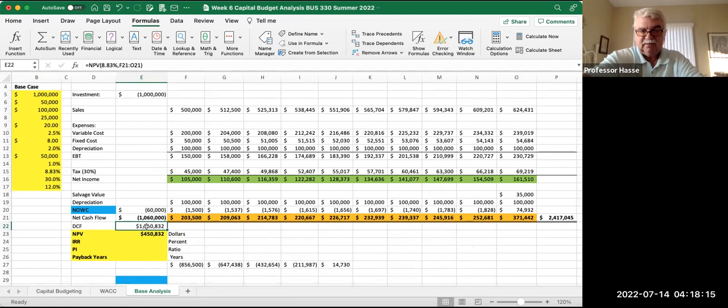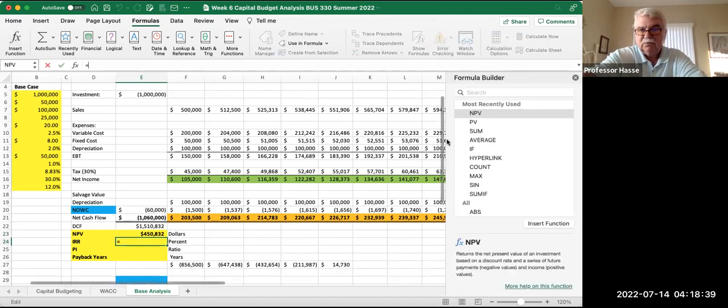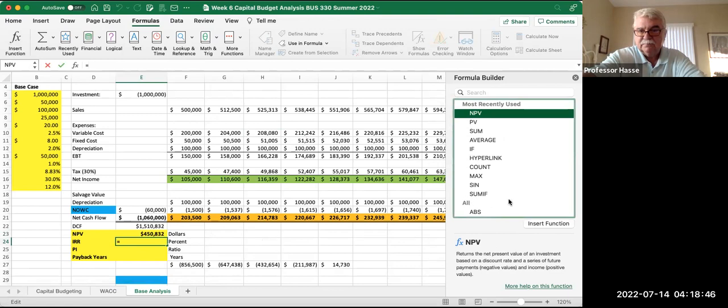We subtract the investment from that discounted cash flow, and there's answer number 1. The net present value is going to be $450,832. Okay, that's answer 1. Answer 2 is, what is this in a percent? So we bring back formula, function, internal rate of return. So let's find that here. Look for IRR.